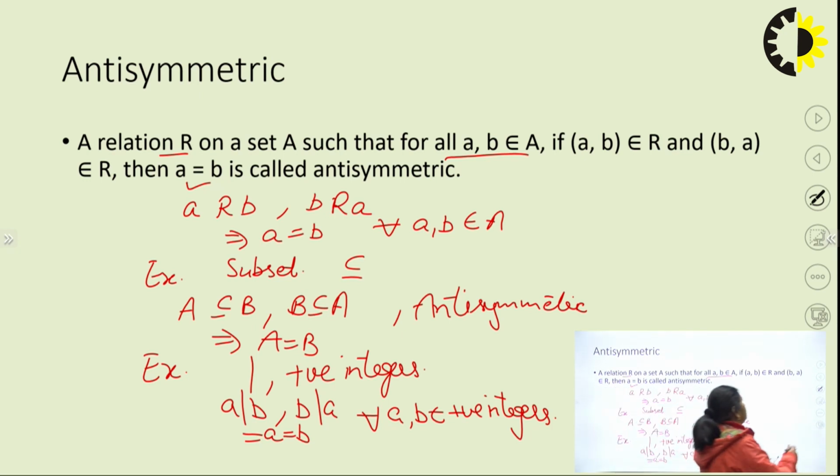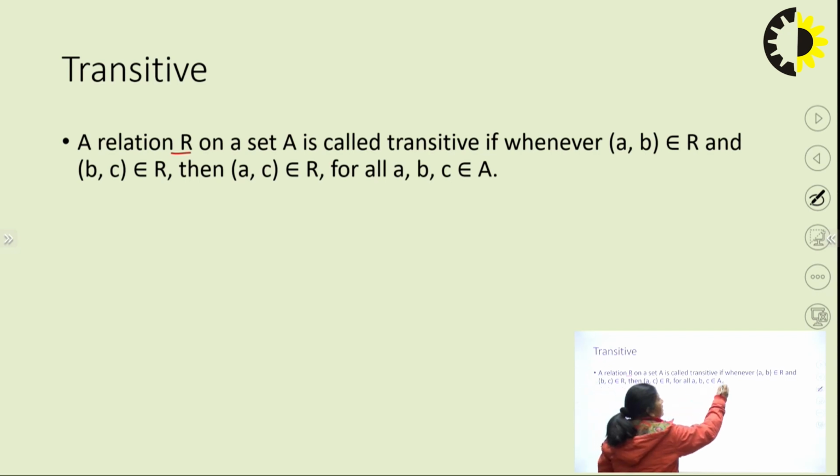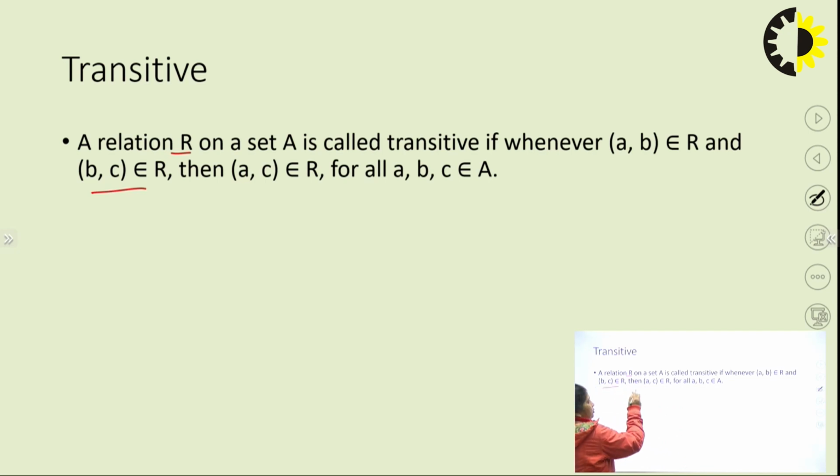Now the next one is transitive. A relation R on a set A is called transitive if whenever (A, B) belongs to R and (B, C) belongs to R, then (A, C) also belongs to R for all A, B, C belonging to A. What does it mean?